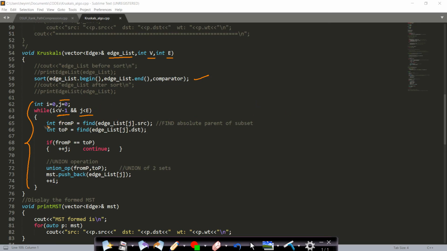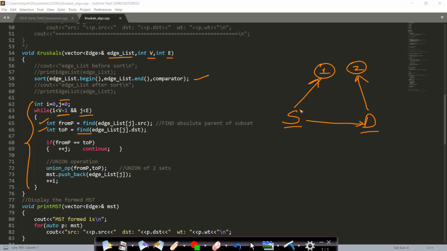Now after this, we will take source and destination, and we will find the absolute parent of source as well as the absolute parent of destination using the find algorithm of disjoint set. If the absolute parents are different, then both source and destination are guaranteed to be in different sets, and so by adding a new edge from source to destination, we will not form a cycle.